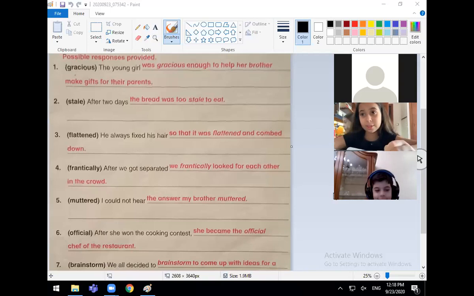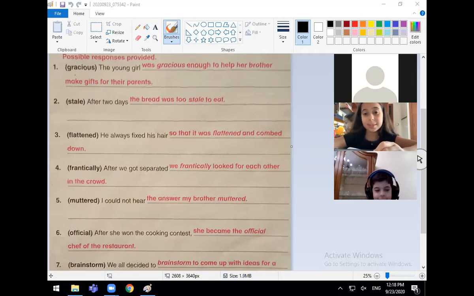Like scared of losing it. Like scared. Yes, that's right. You're scared, you're afraid, you're worried, right? So frantically means to act in a way that shows you are scared or afraid or worried. You act a bit wild, okay?